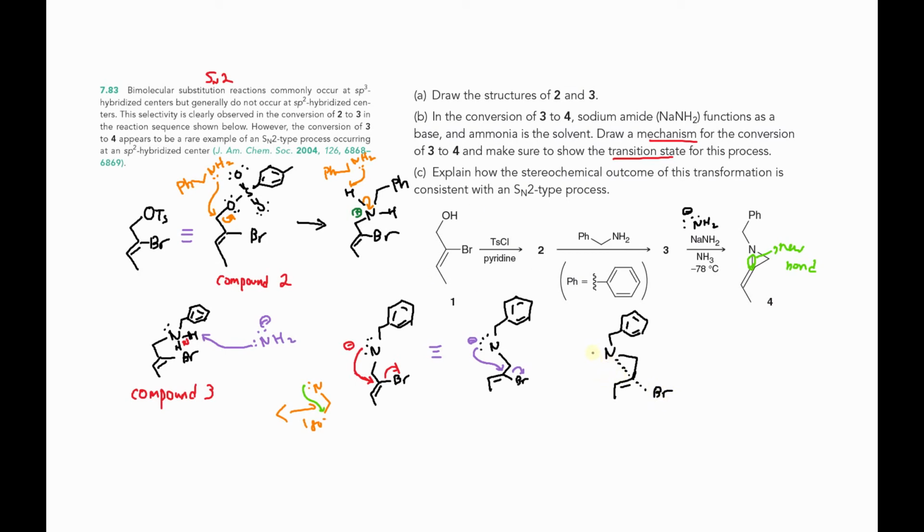Therefore, I'm going to have a delta that shows a partial negative charge spread over. And when you identify the transition state, you must have a bracket around it, and then the double dagger sign. That's it for part B. Now let's move on to part C.